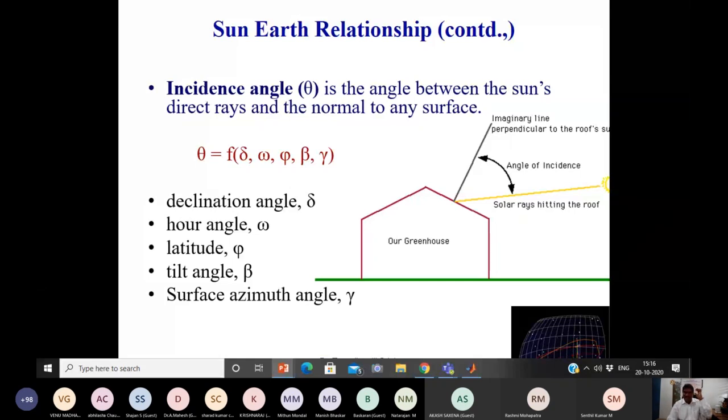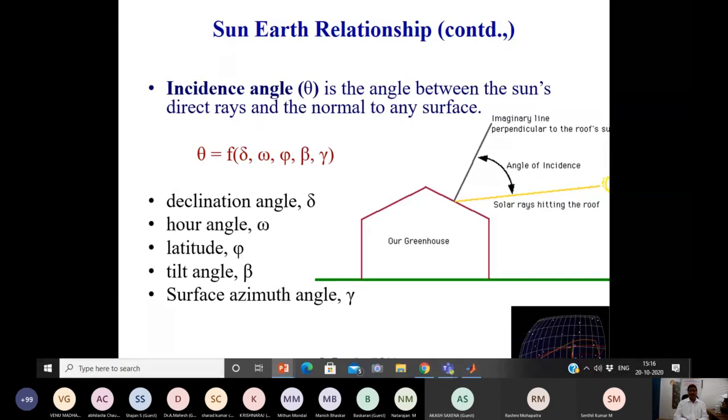The surface azimuth angle is almost the same as the solar azimuth angle. There are two types of azimuth angle. Generally, we see the azimuth angle on a horizontal surface, because the shadow of the sunbeam is falling on the ground.